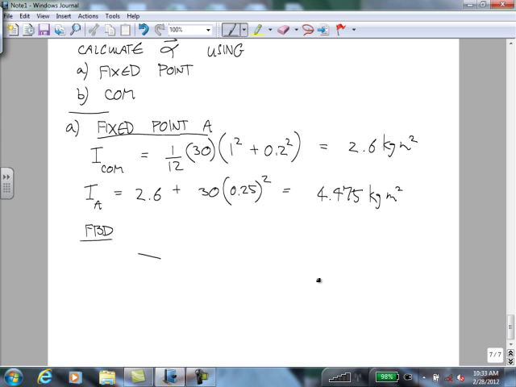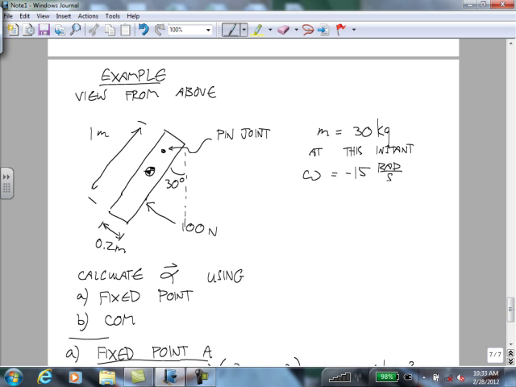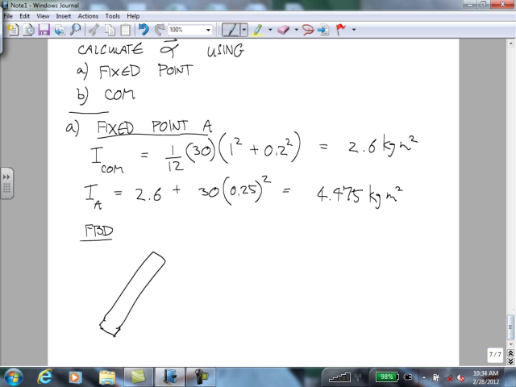And now we have to calculate the moment. We only have that one force. Well, we have, I'm getting ahead of myself. So let's draw the free body diagram. Okay, so there's the body. Where are their forces?